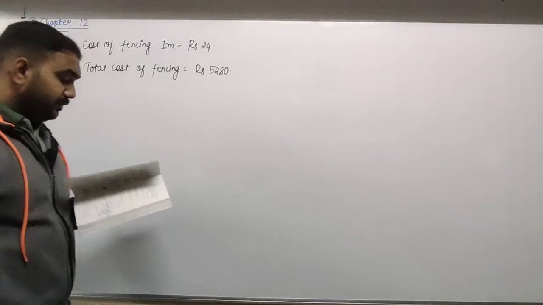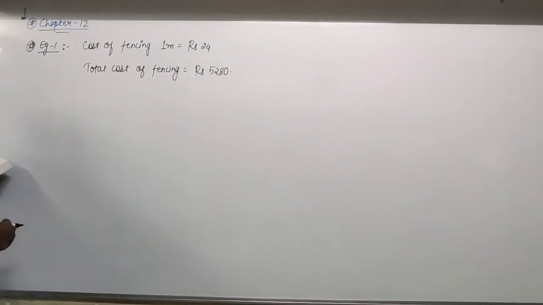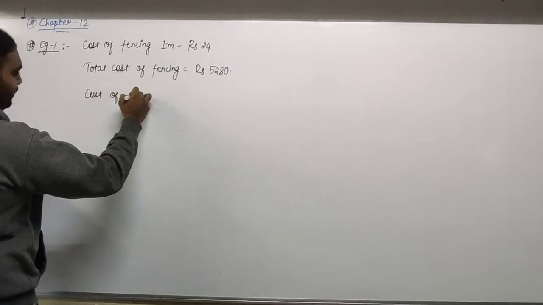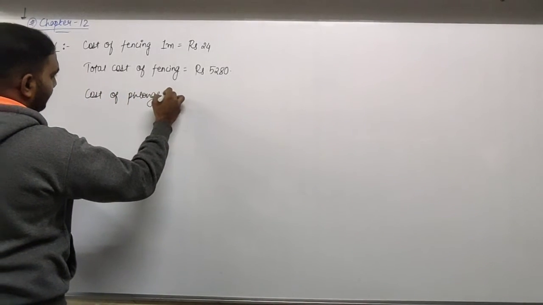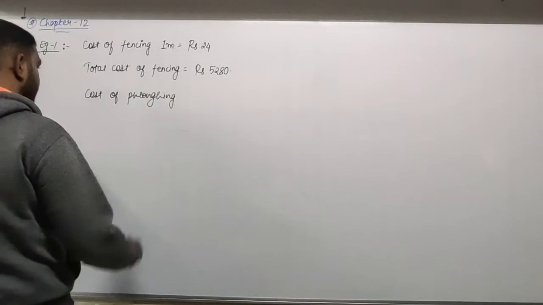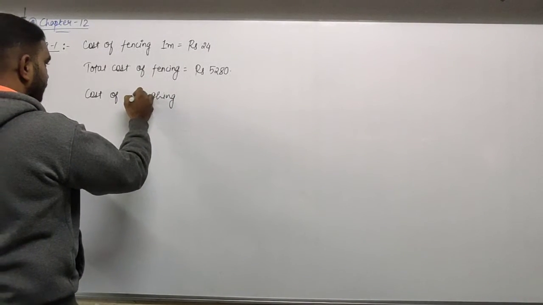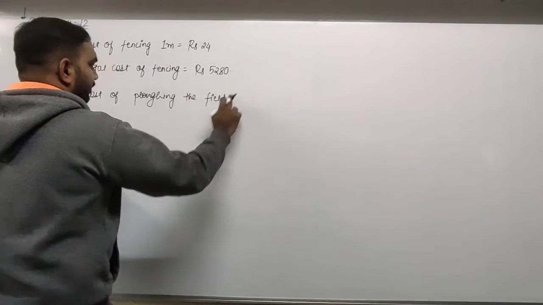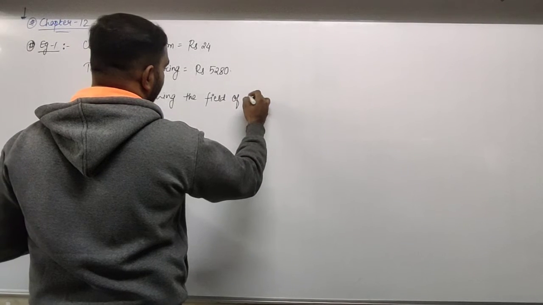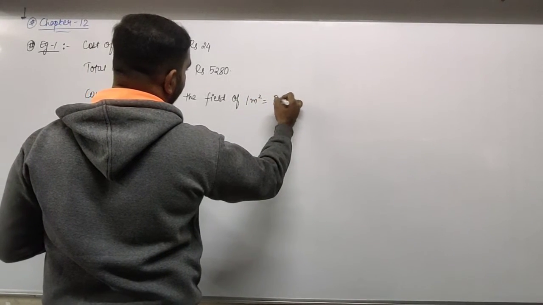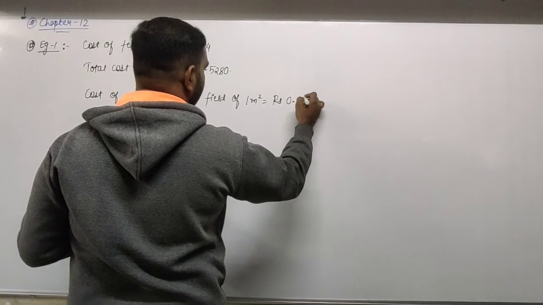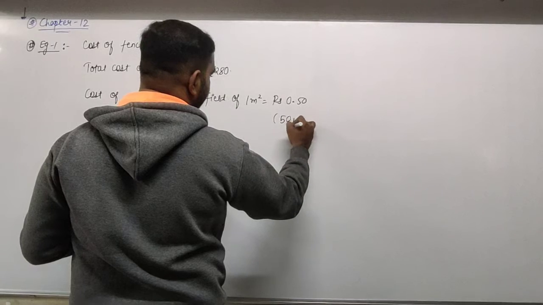The field is to be plowed at the rate of rupees 0.50 per meter square. Cost of plowing the field of 1 meter square is rupees 0.50, or you can also call it 50 paise.